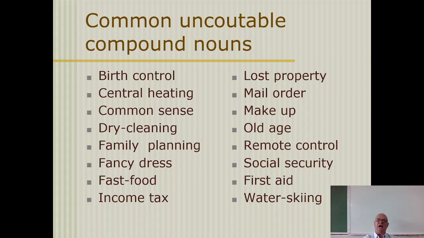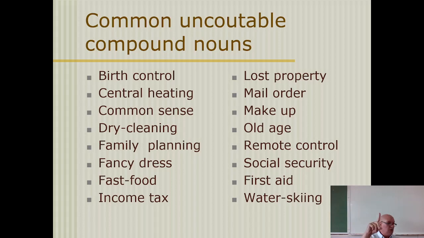Common uncountable compound nouns. So you cannot count them by 1, 2, 3, 4, 5, right? Birth control, central heating, common sense, dry cleaning, family planning, fancy dress, fast food, income tax. I just paid income tax last week.